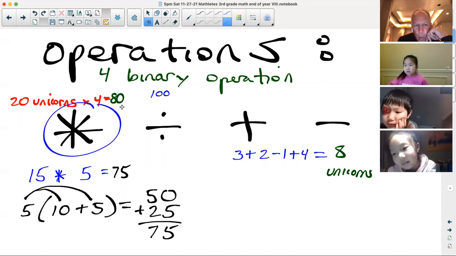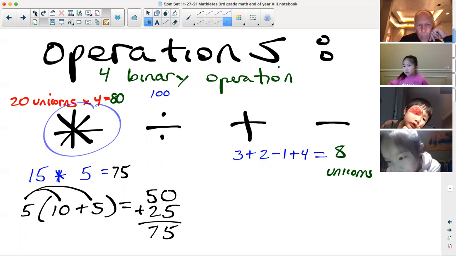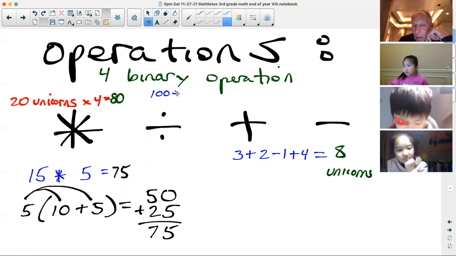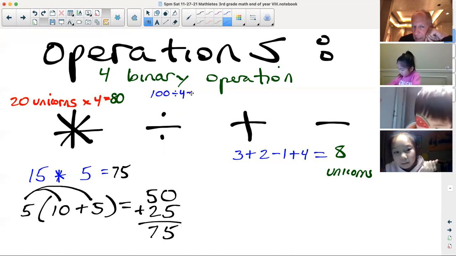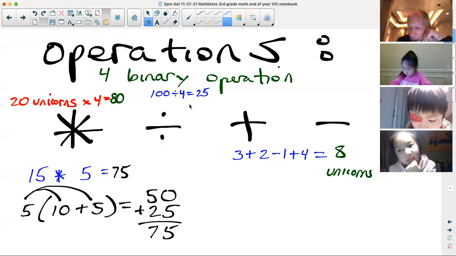What would we use? Multiplication, division, addition, or subtraction? Division. So 100 divided by what? 4. And what is 100 divided into 4 equal pieces on 3? 1, 2, 3. 25. That's right. You guys each get 25 pieces of candy.